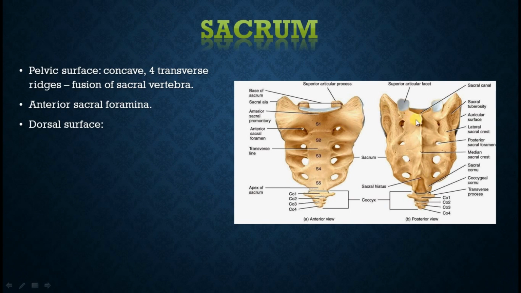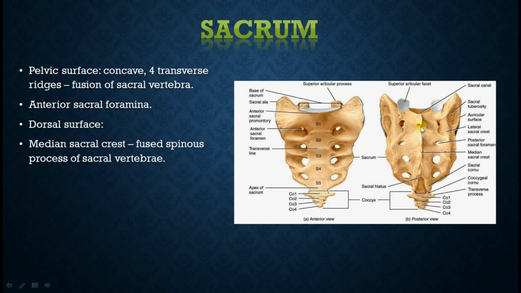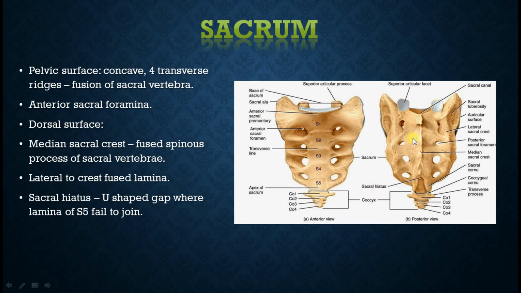On the dorsal surface you see a crest, fusion of the spinous processes, which is called the dorsal sacral crest or median sacral crest. Lateral to the median sacral crest you have the fusion of the laminae of the sacral vertebrae.